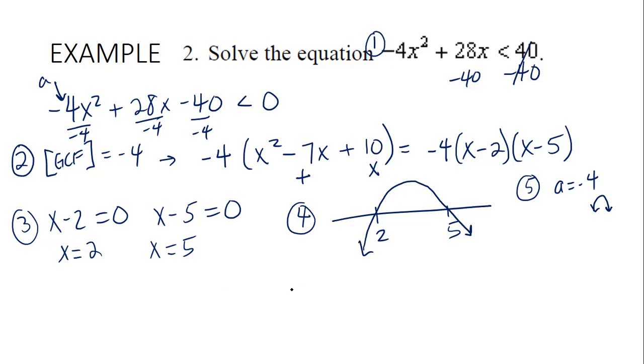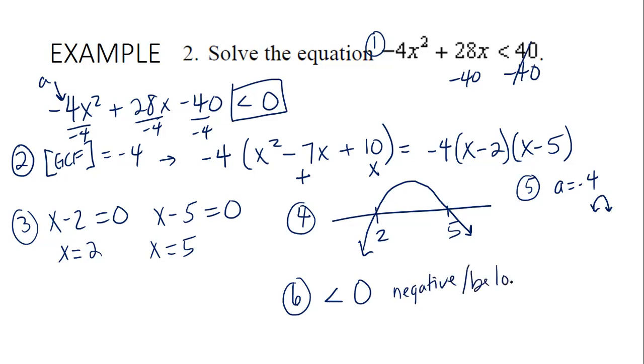So step 6 is now answering the question, what is our inequality asking us for? Our inequality is asking us for when is it less than 0? So when do I have values that are negative, below the x-axis?